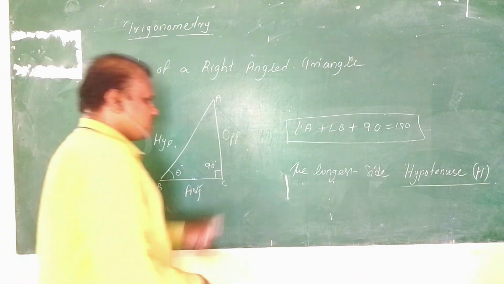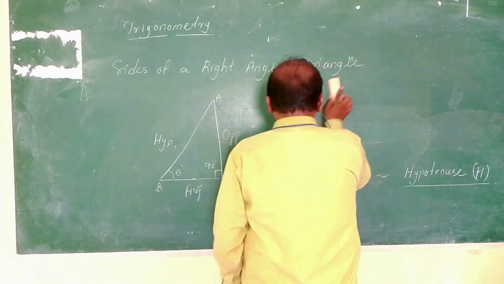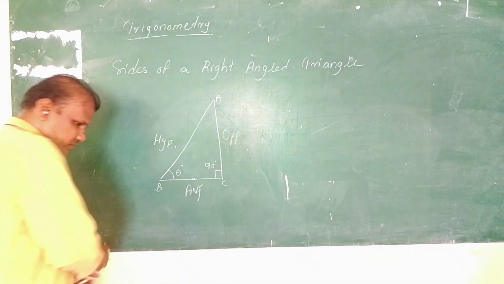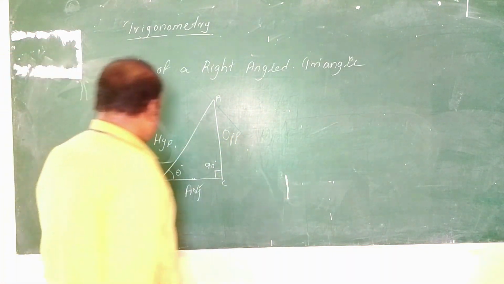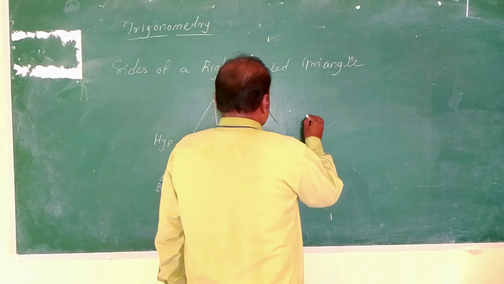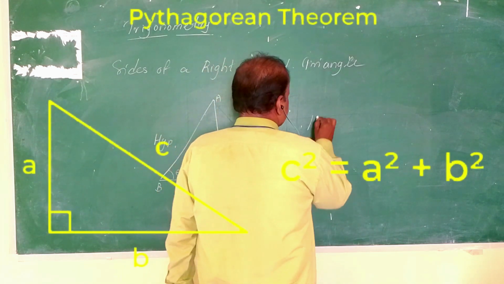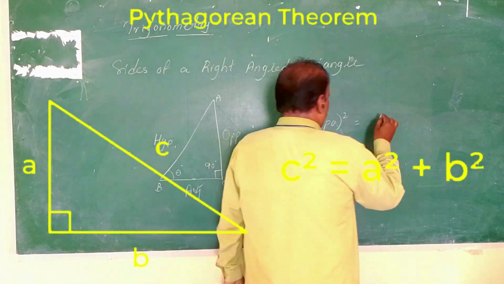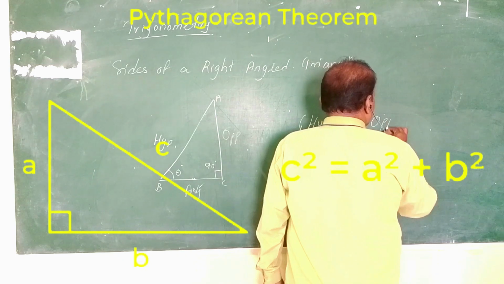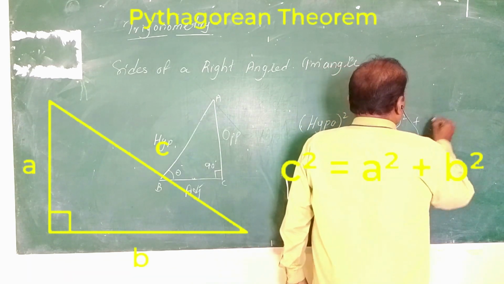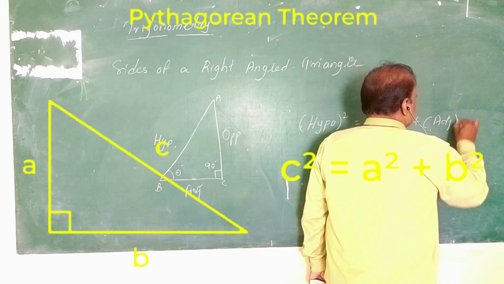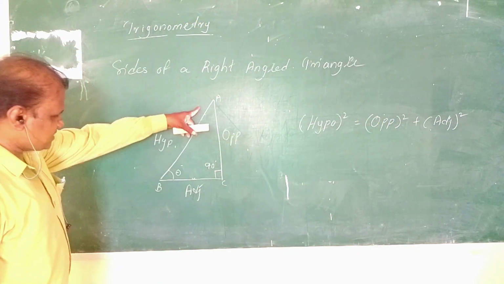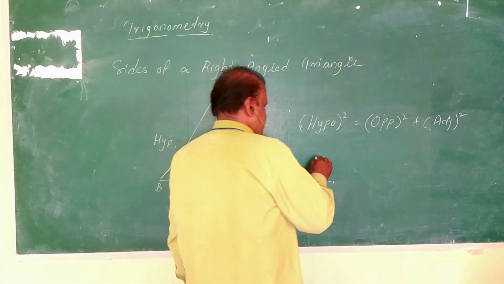At the same time, sometimes it is useful to make use of the Pythagoras theorem. According to the Pythagorean theorem, you can write hypotenuse square equal to opposite side square plus adjacent side square. From the diagram, the hypotenuse is AB.